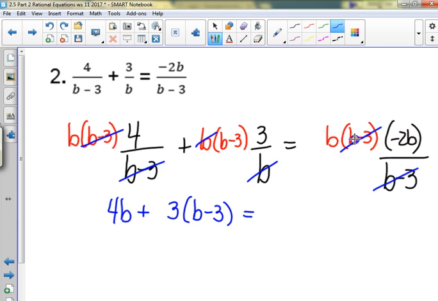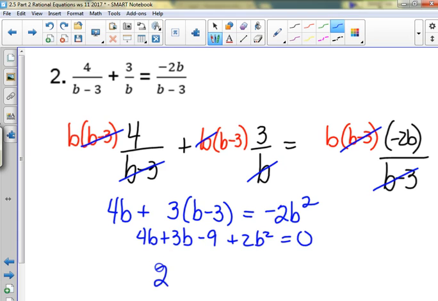What does this become? Okay. So 4b plus 3b minus 9. I'm going to move that guy over here. We'll have a 2b squared equals 0. So you probably did it more efficiently than I did, but is that what you have?